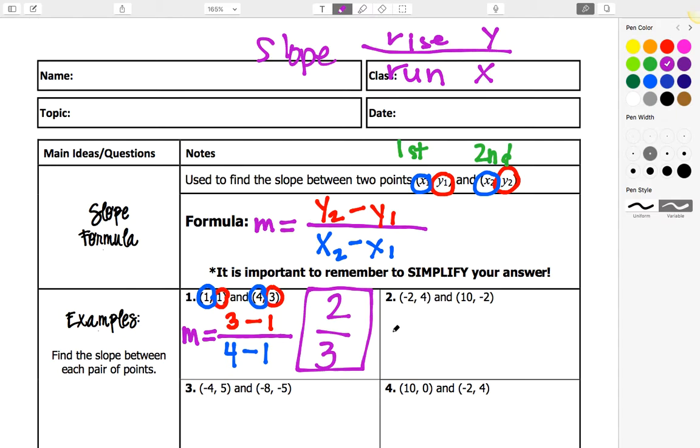Let's practice another one. Again, our slope is going to have a numerator and a denominator. Our numerator in this case is going to be negative 2 minus 4. And our denominator will take our x's, so we'll take 10 and subtract our first x, which happens to be negative 2. So we'll go ahead and put this into our calculator.